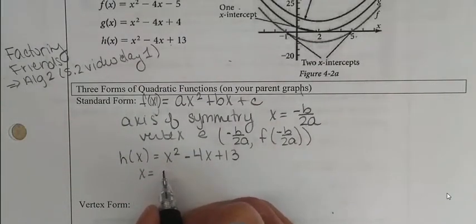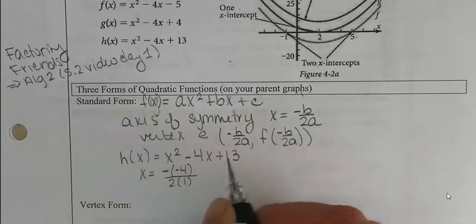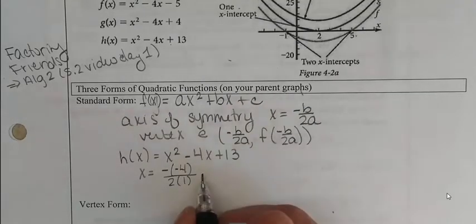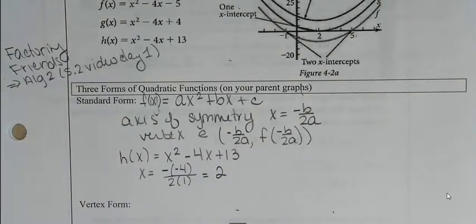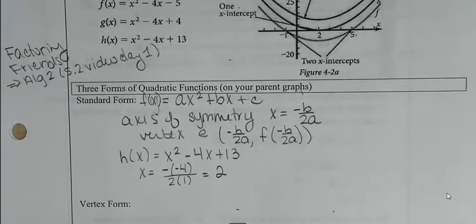So my axis of symmetry would be found where I put negative b, well, b is negative 4, over 2 times a, which is 1, giving me 4 divided by 2, which is 2. So that's my x value of my vertex, and also the equation of my axis of symmetry.